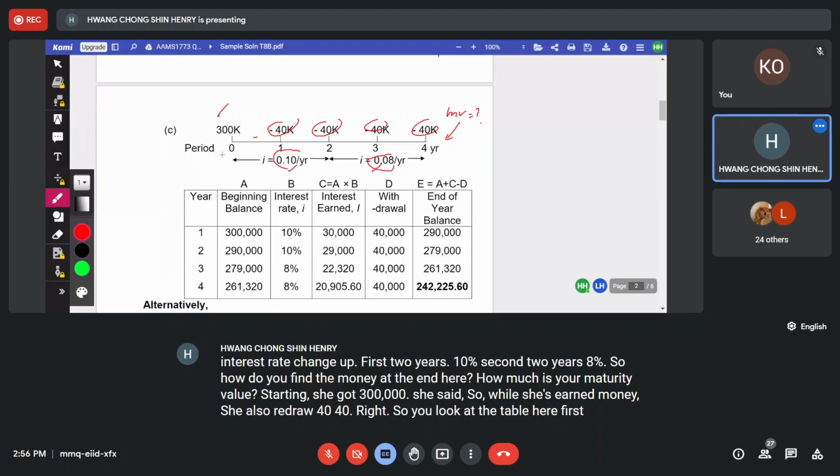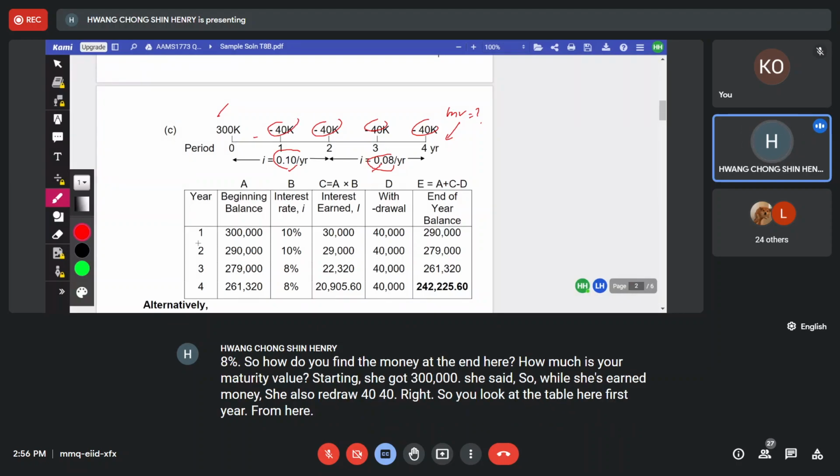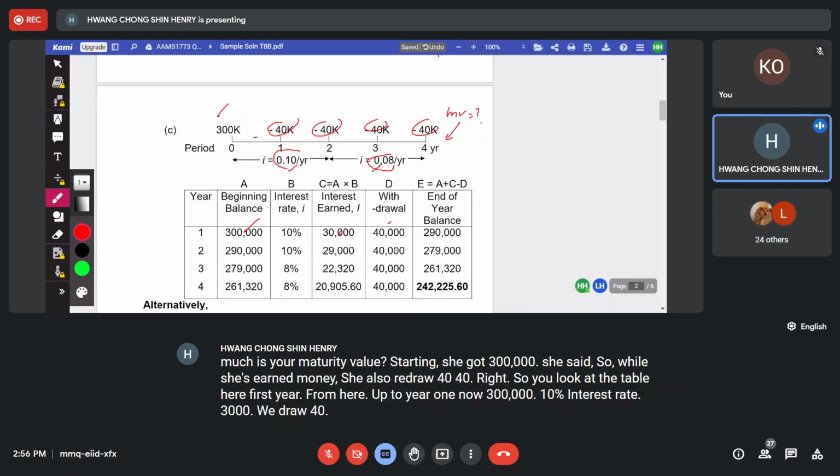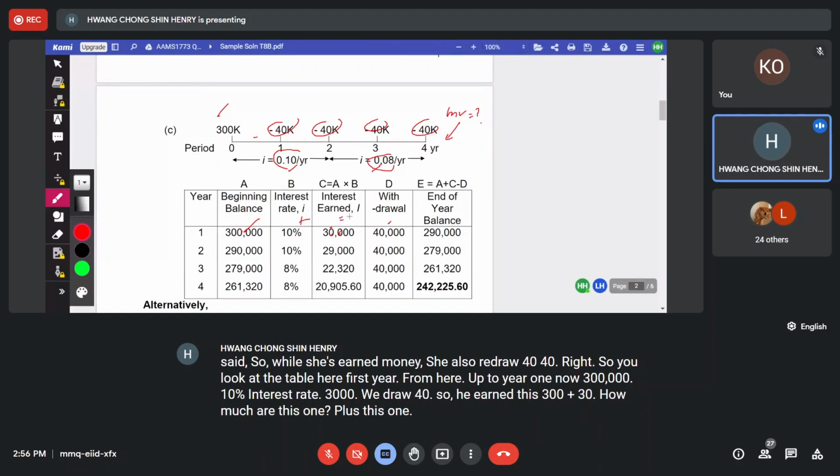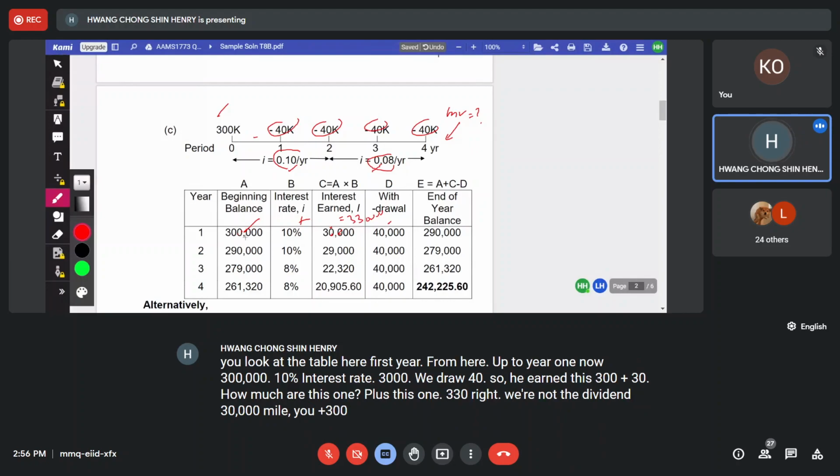First year, from here, up to year 1, 300,000, 10% interest rate, 30,000, withdraw 40. So he earned this 300 plus 30. How much? This one plus this one, 330, right? Not the dividend 30,000, you plus 300 is 330,000, no?